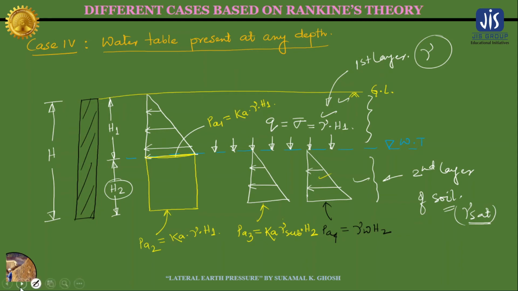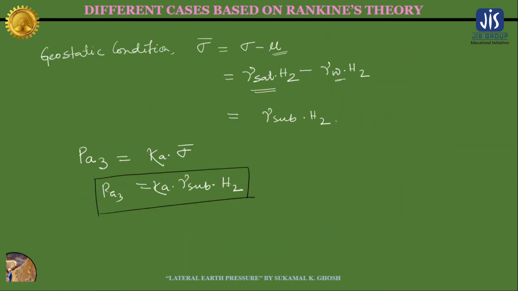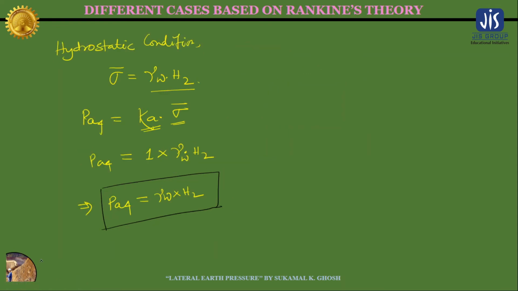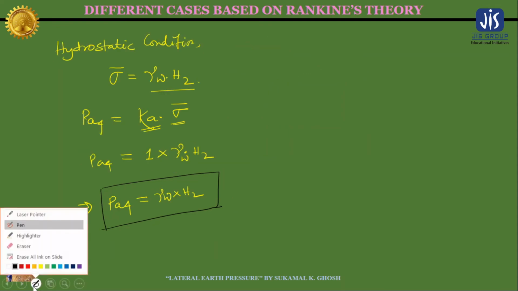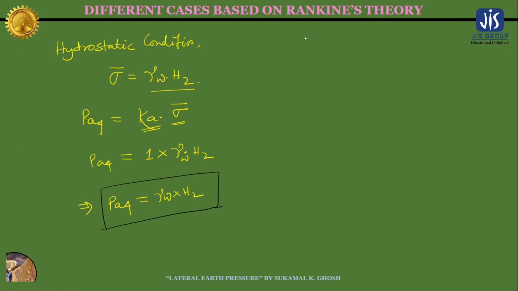See, the total active earth pressure is PA1 plus PA2 plus PA3 plus PA4.